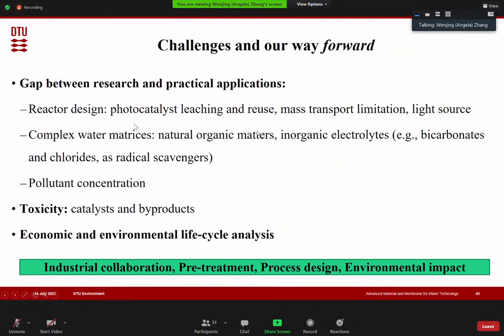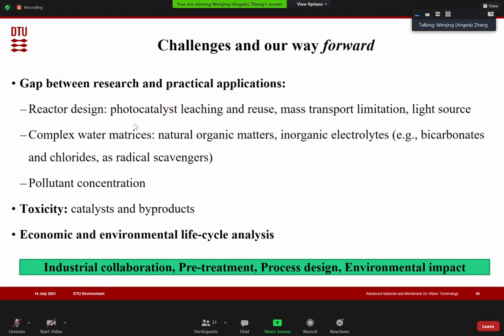So at the end, I also want to address some challenges I found in those projects, and propose some ways forward. One is the gap between research and practical applications. For instance, I think there is still some collaboration between researchers and industry that can really contribute to the commercialization or realization of the work we have done in the lab.